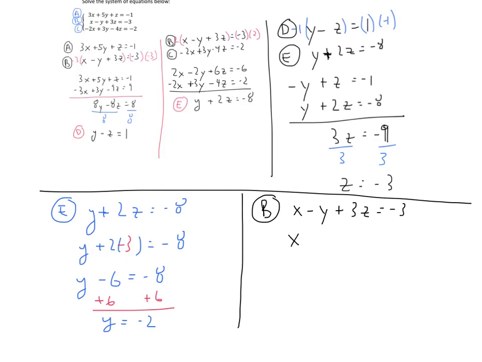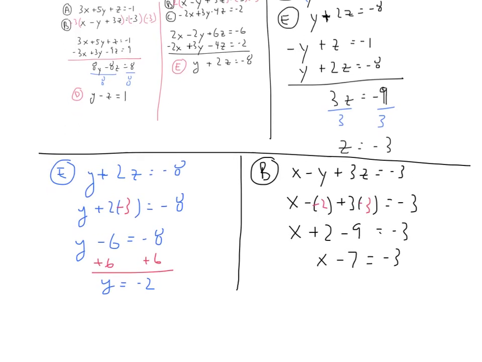So x minus my y value, which was negative 2, plus 3 times my z value, which is negative 3, equals negative 3. Almost done. We have x plus 2 minus 9 equals negative 3. This is the same thing as saying x minus 7 equals negative 3. And then to finish, I'm going to add 7 to both sides, and we get x is equal to 4.